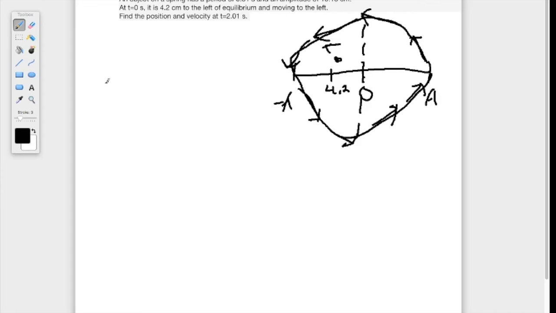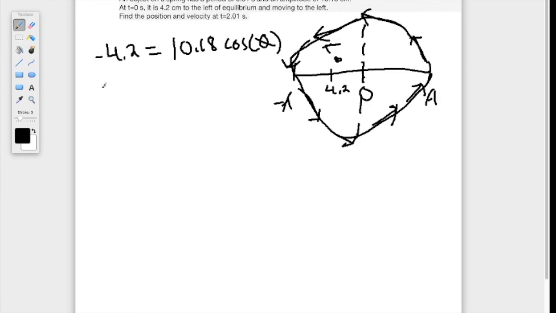So let's just try to solve the phase constant right now. But we have to be aware of what quadrant it's in. So negative 4.2 equals 10.18 times the cosine of phi, because at t equals 0, it doesn't really matter about the angular frequency because it just cancels.